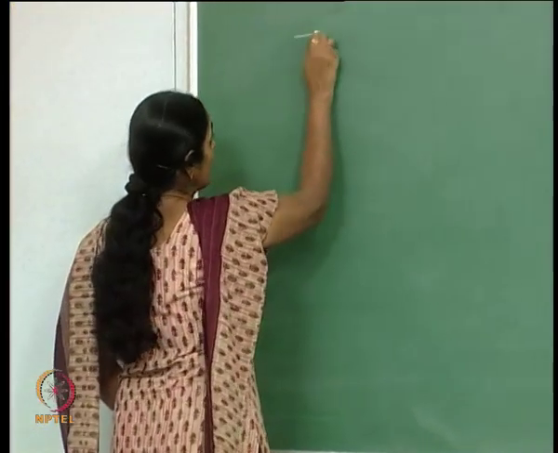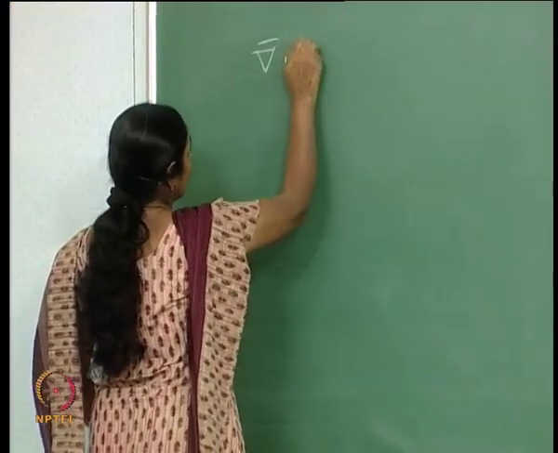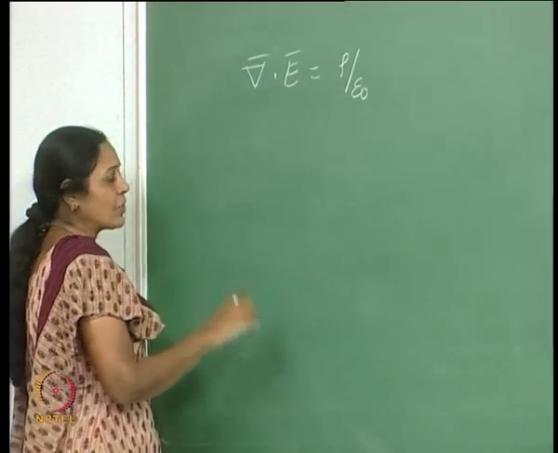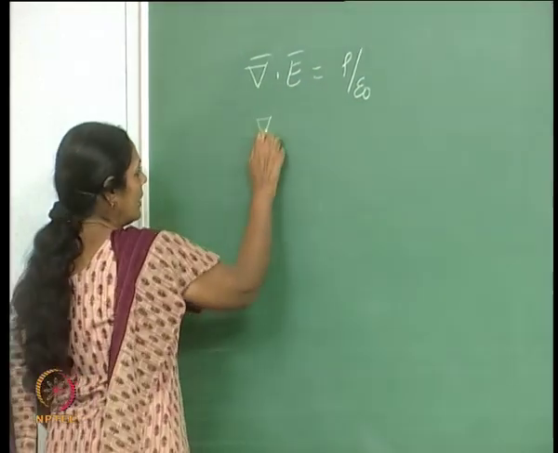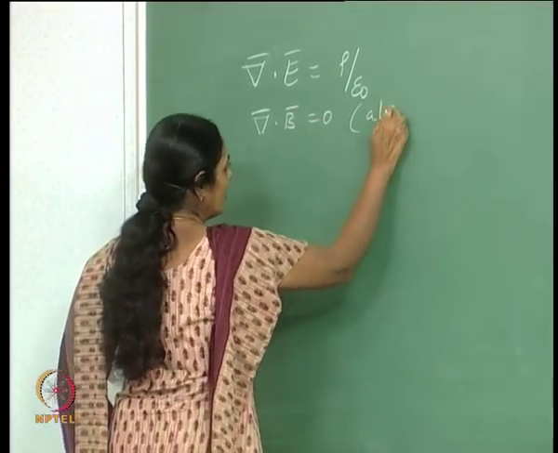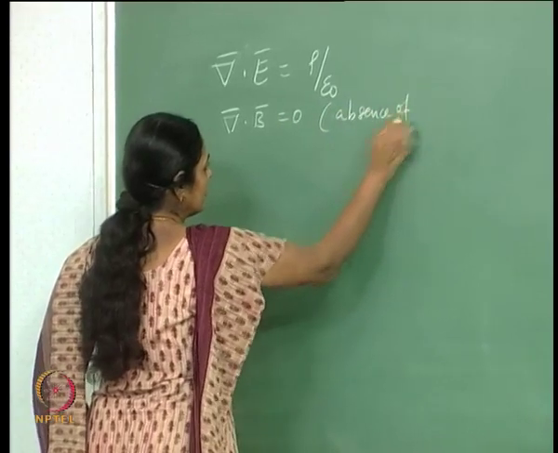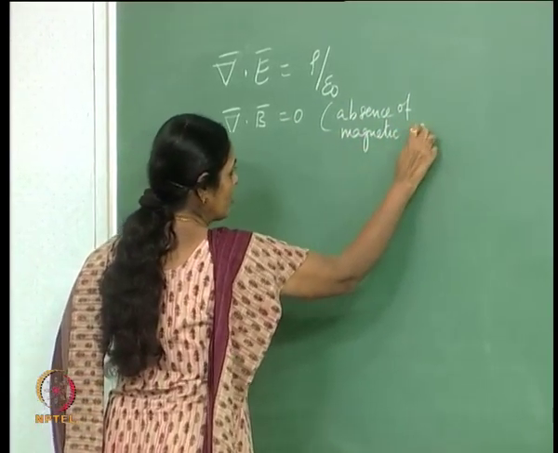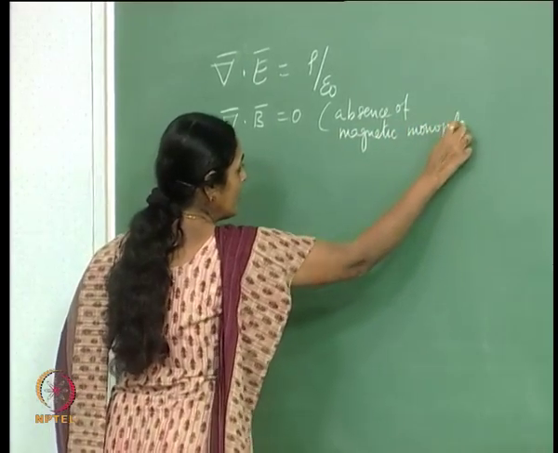The Maxwell equation in the presence of electric charges reads del dot E is rho by epsilon 0. In the absence of magnetic charges, or in the absence of magnetic monopoles, we would have an equation like this.